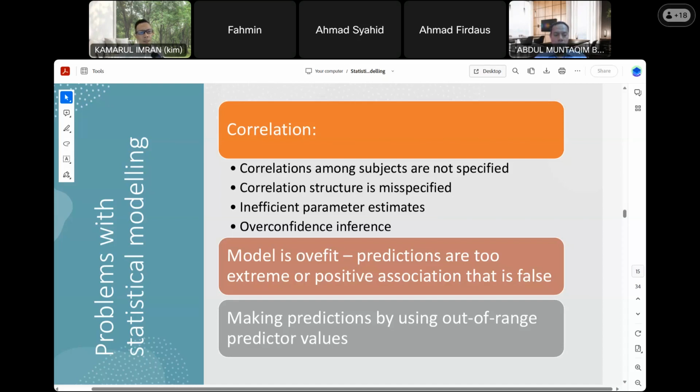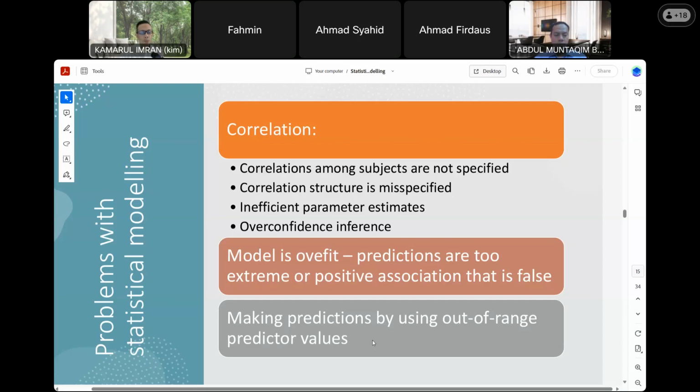Sorry. Making predictions by using out of range predictor values. This happens if, for example, in your data set the minimum age is 40 years old and the maximum age is 70 years old. So you cannot make predictions for someone aged 80 or someone aged 20.